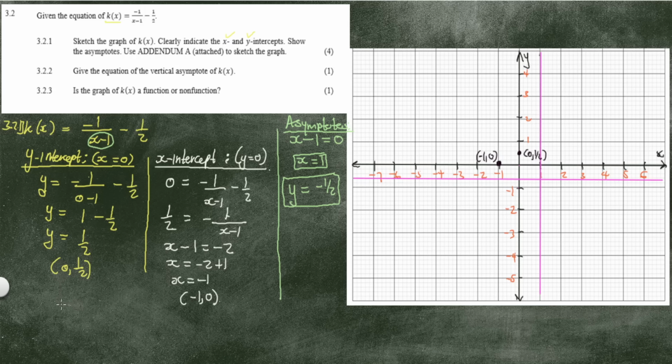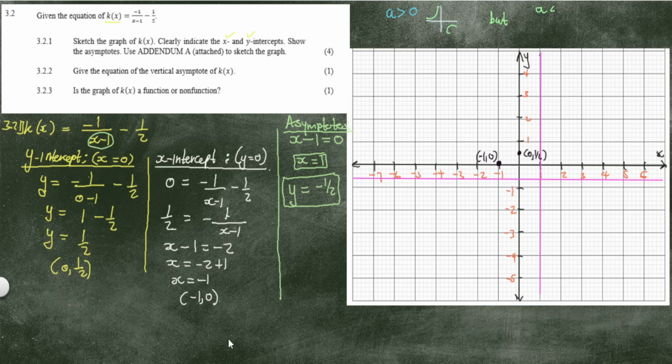But first, note the following. If a is bigger than 0, expect your function to go like this, to be in the second and the fourth quadrant. But if your a is less than, what am I saying?